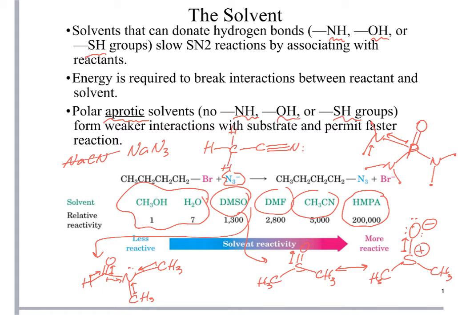So the structure of the azide ion, and there are several resonance structures. So sodium azide as a nucleophile has an order of reactivity similar to nitrile and bromide, or cyanide and bromide.